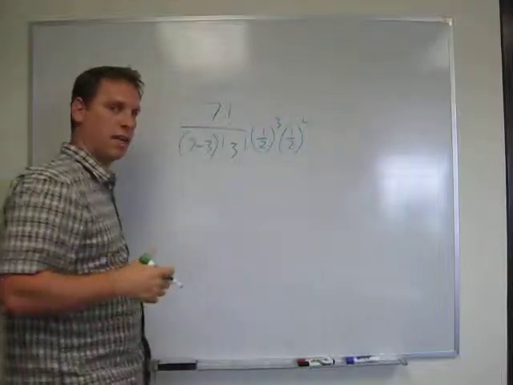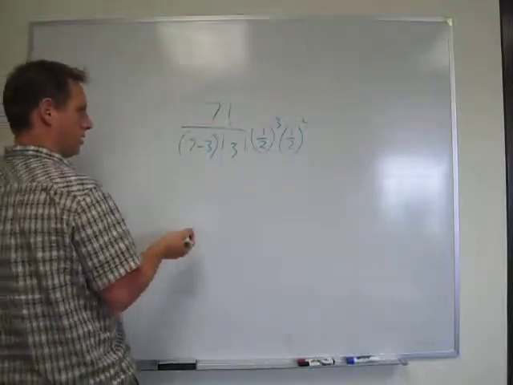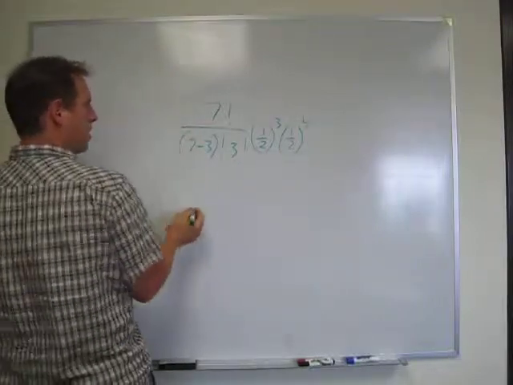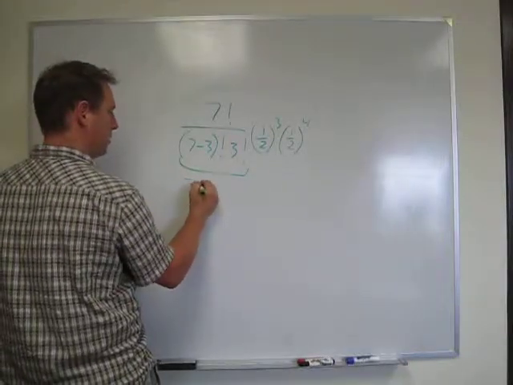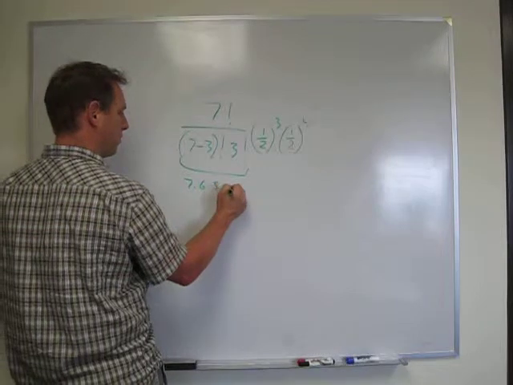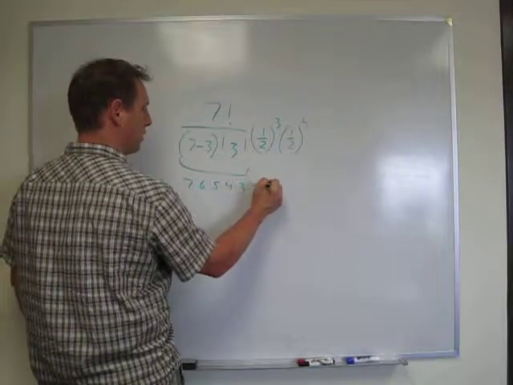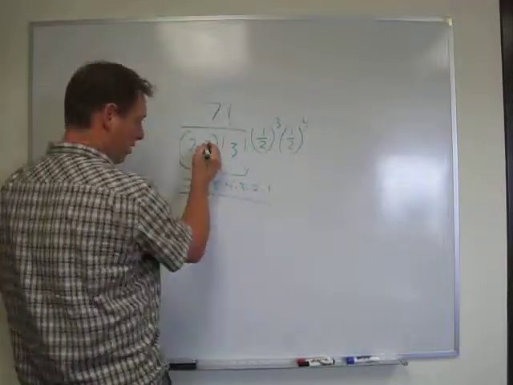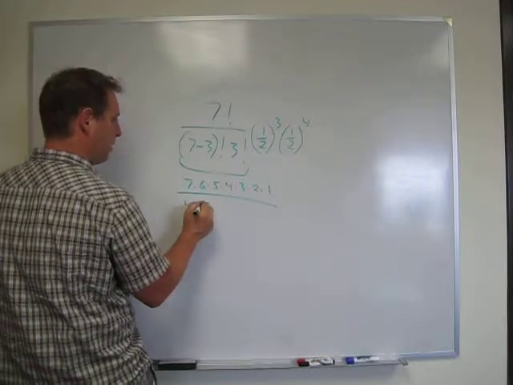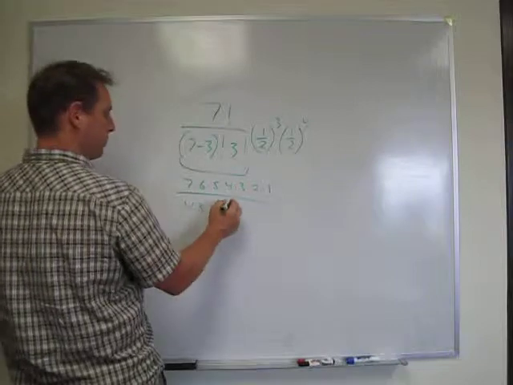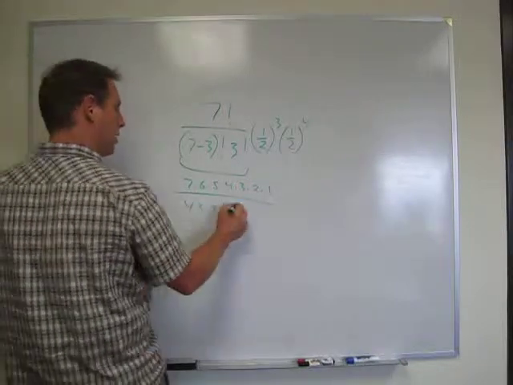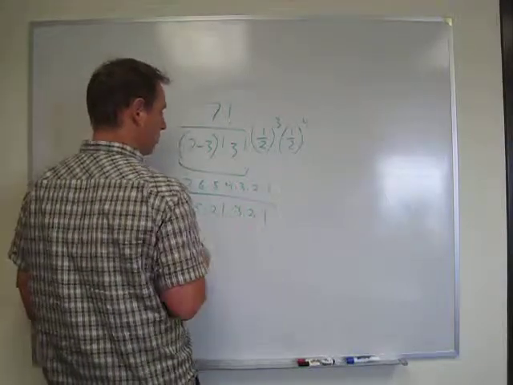And the simplification that I didn't do in the last one, which I'm going to demonstrate for your purposes, this can be indicated as 7 times 6 times 5 times 4 times 3 times 2 times 1 divided by 4 factorial, so 4 times 3 times 2 times 1, times 3 factorial, 3 times 2 times 1.